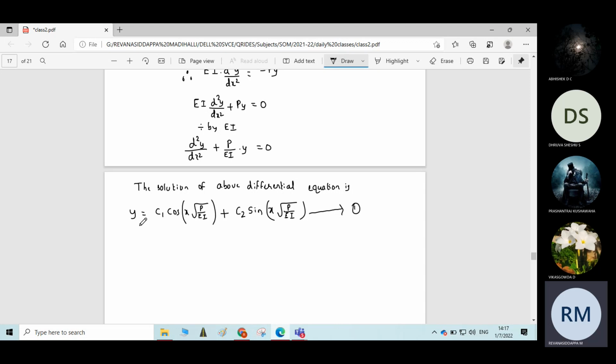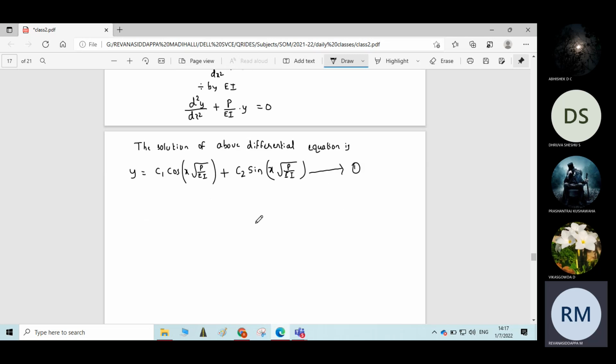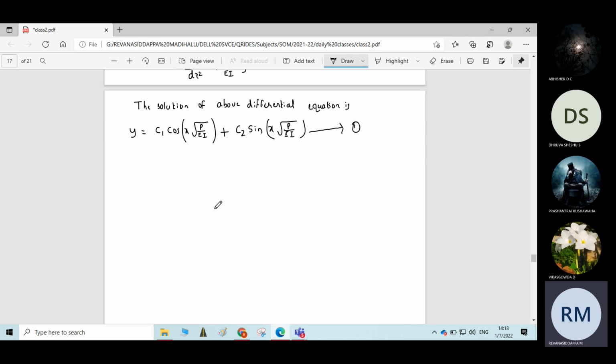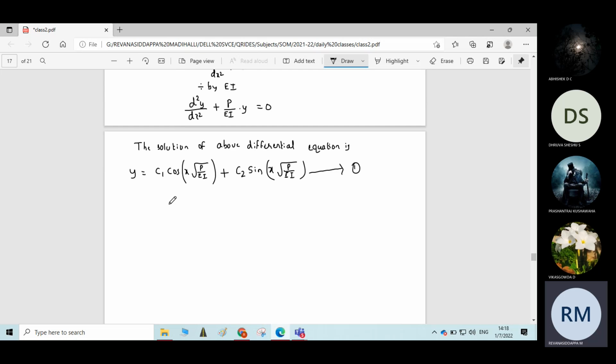You need to remember this solution. If you remember this solution, the same equation will continue for the rest of the derivation, but we will get an extra term that I will tell you while doing other derivations.